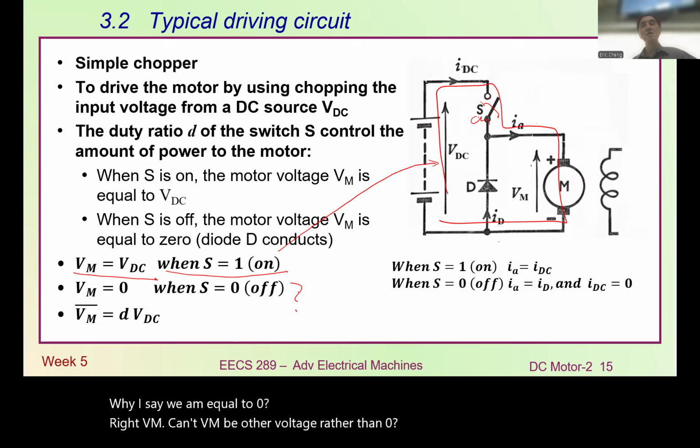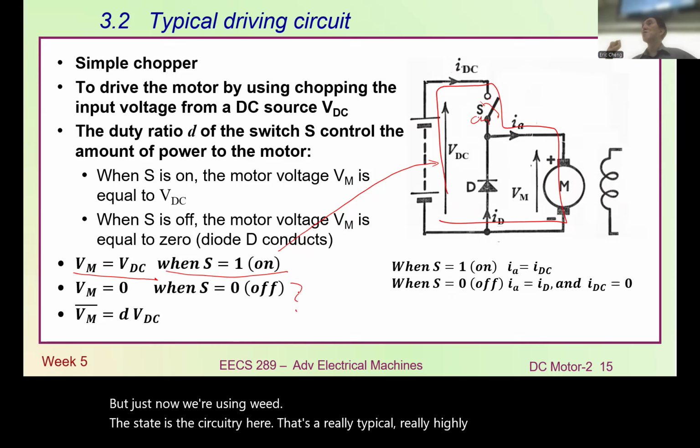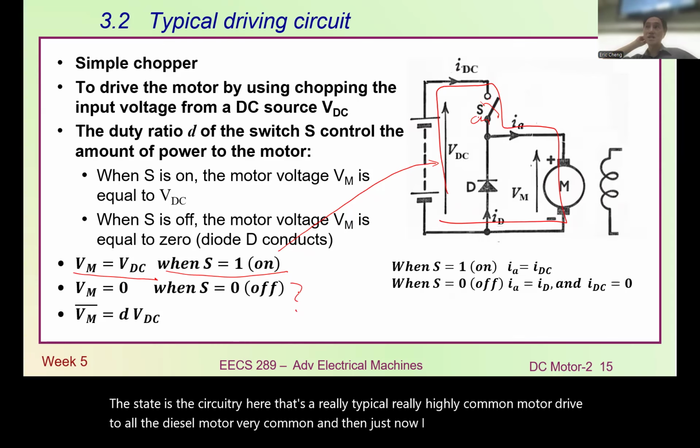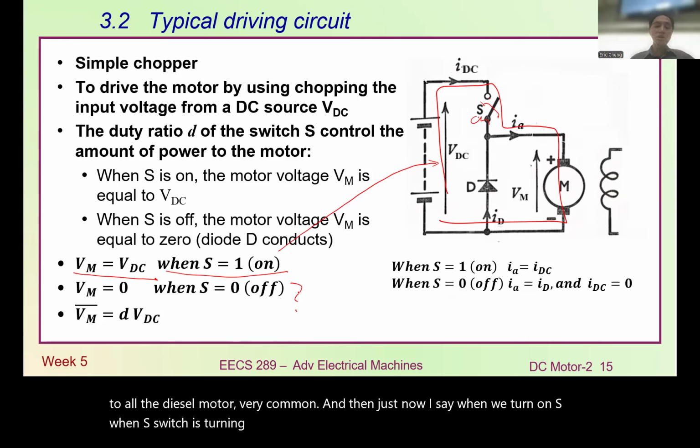This is the circuitry here. It's a really typical, highly common motor drive for DC motors. Just now I said when switch S is turned on, of course the motor voltage equals VDC.